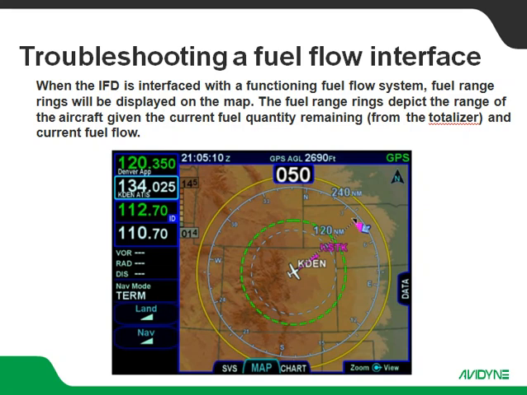Now, I wouldn't necessarily expect to see these on the ground, because it does take aircraft airspeed and GPS ground speed and all of that stuff into account while it's doing the calculation.